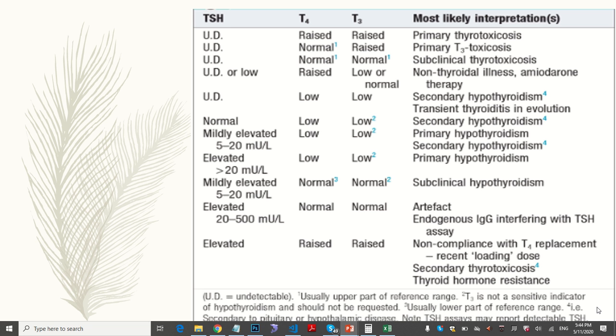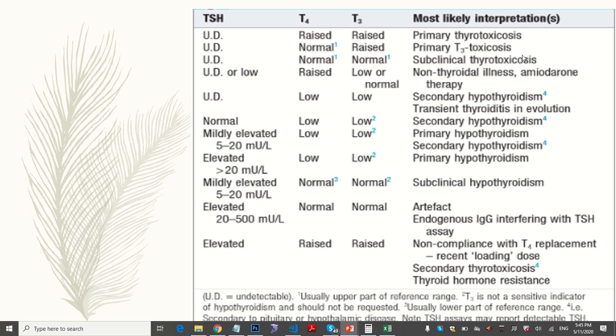This is the picture that I got from Davidson's Principles of Medicine, and here you can see, like I have previously discussed with you in the previous slide, it's the same. In primary thyrotoxicosis with raised T3, T4, you have undetectable levels of TSH. In primary T3 toxicosis, there is just raised T3 with normal T4 and undetectable TSH.